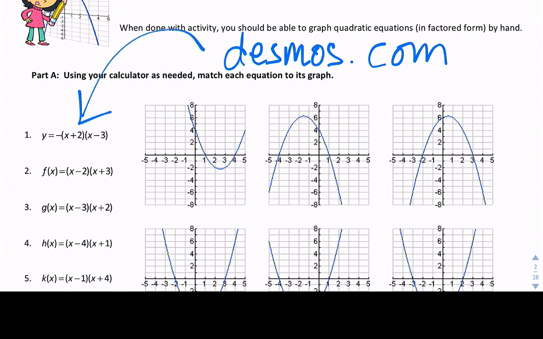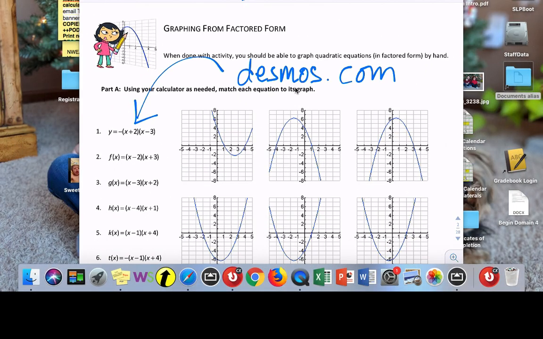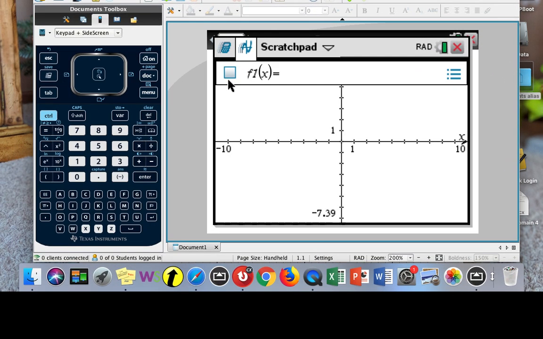You can type in these equations, and you'll need to match the graph to each equation and make observations of what you notice. On the graphing calculator, to graph, you could open a new graph page.